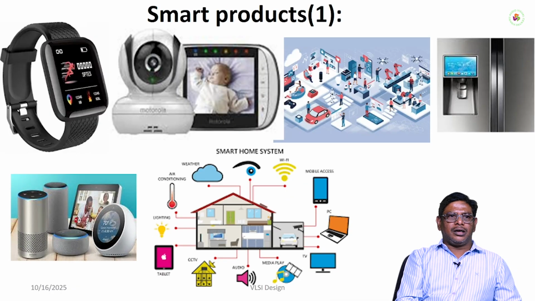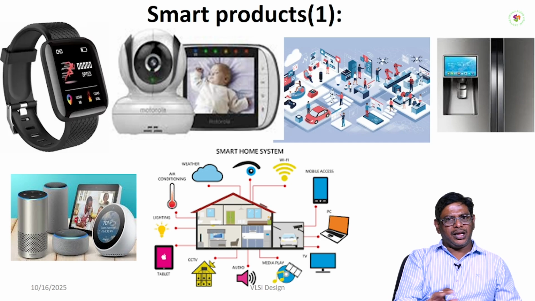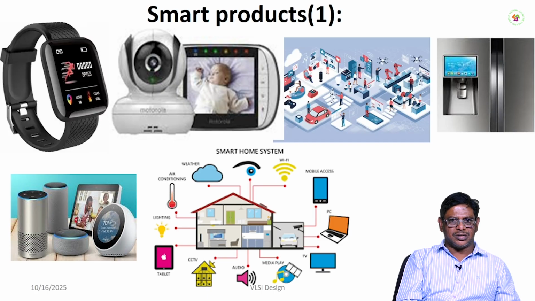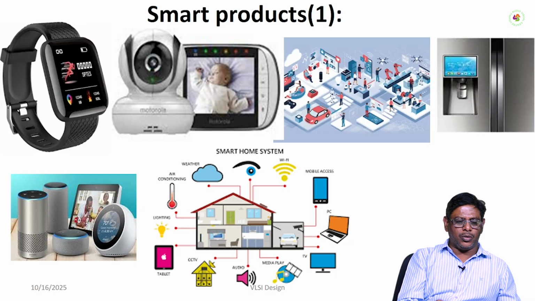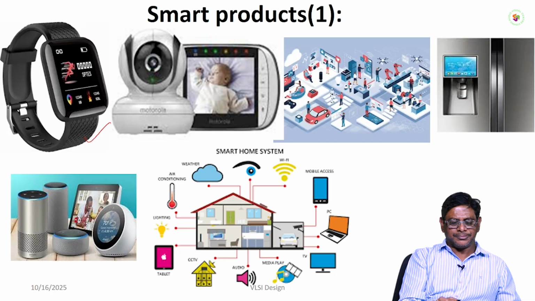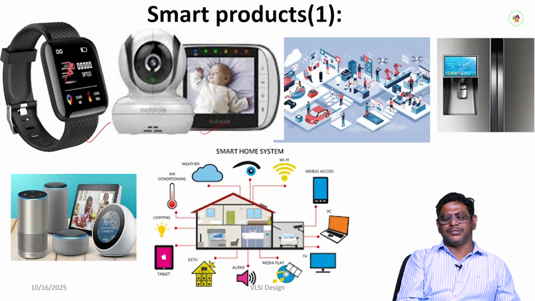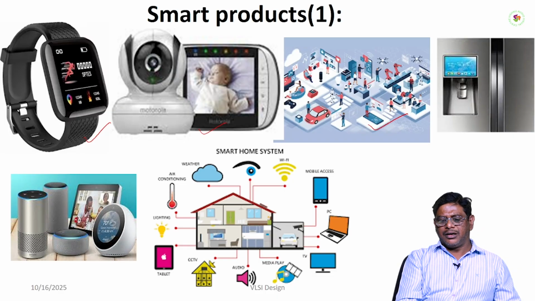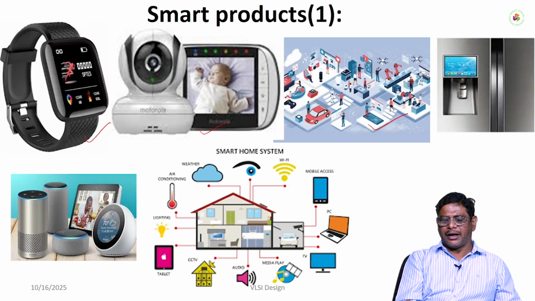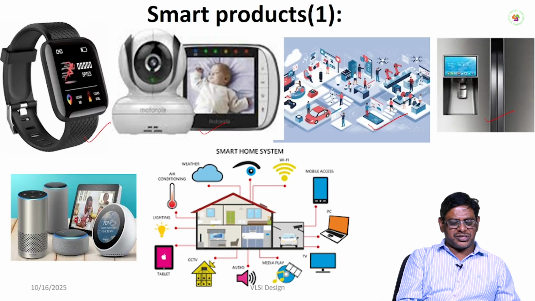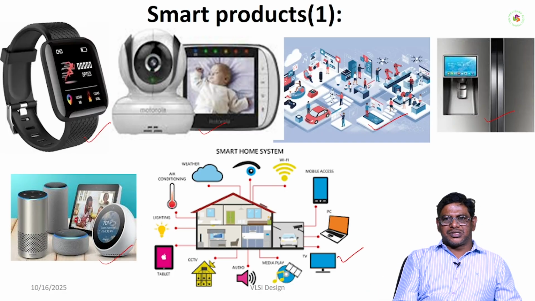And as we know, there are many components and products in our daily life which consist of integrated circuits. Some of the products are given below. The first one is smart products, smartwatches. The second one is video surveillance systems and the internet, which connects many people at a time, and also sound systems and smart homes.